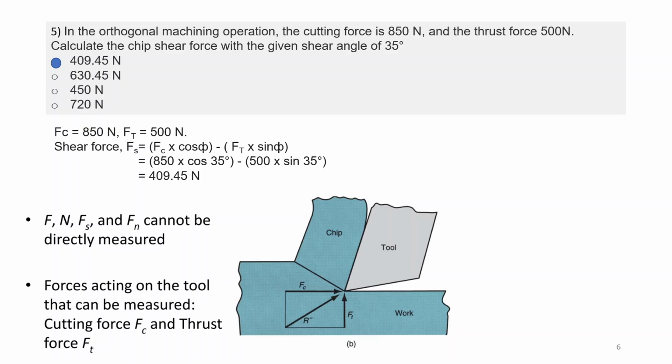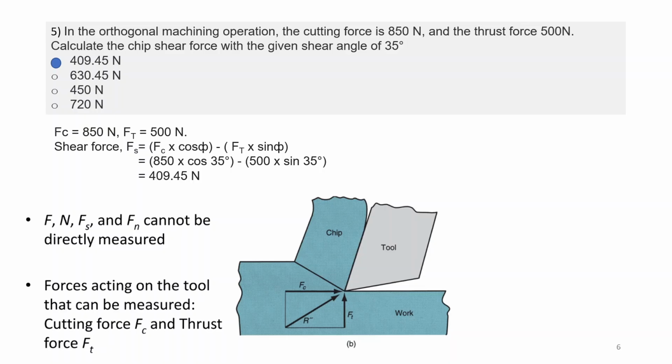Among the various forces such as friction force, normal force, shear force and normal to the shear force, these cannot be directly measured. The forces acting on the tool that can be measured are cutting force and thrust force.